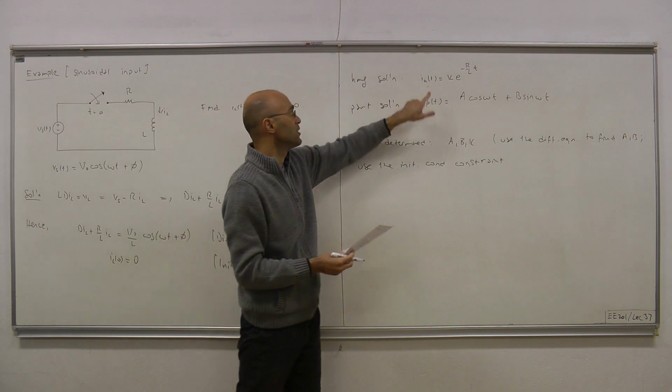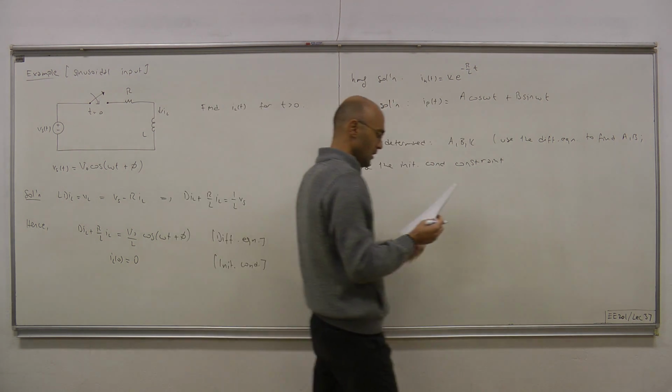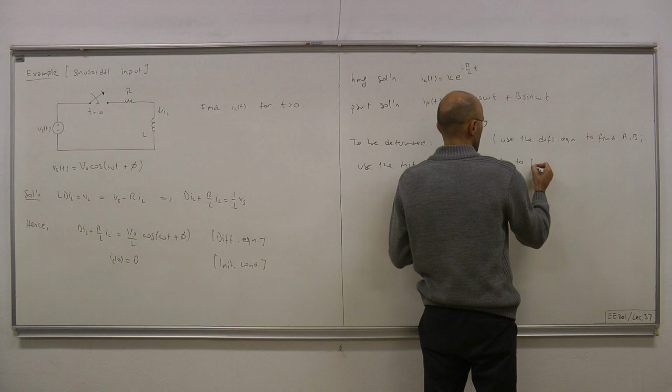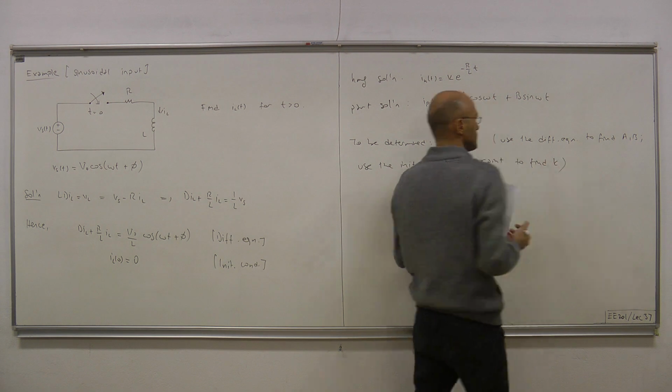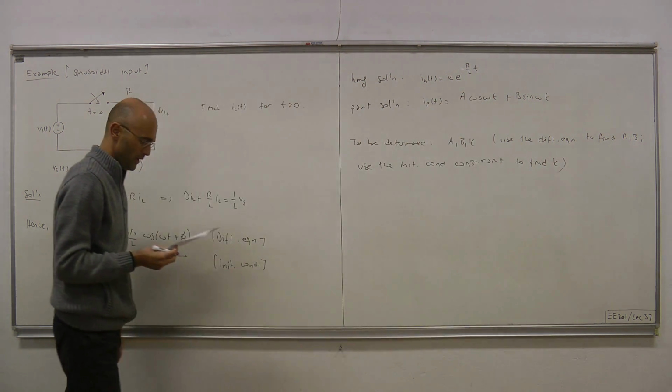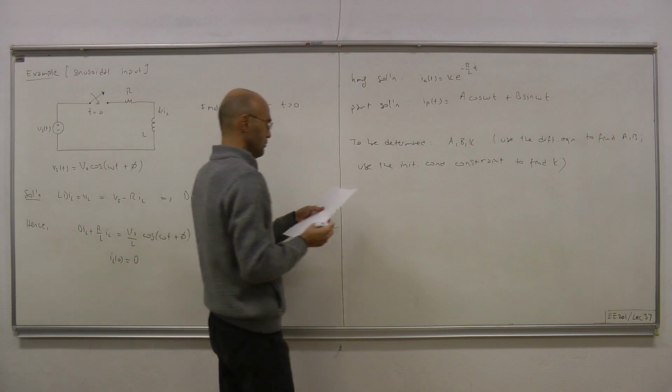And ILT is IHT plus IPT, to find K. Okay, so let's move on.